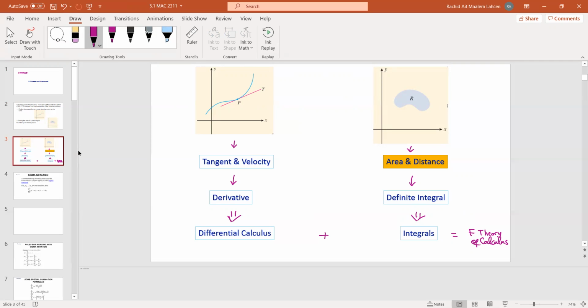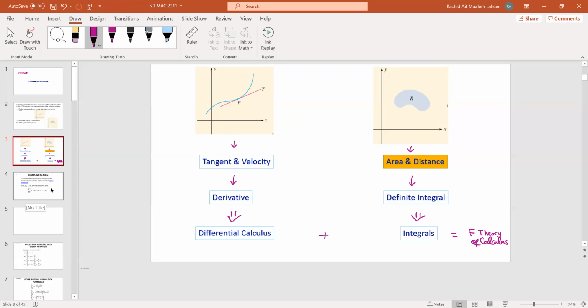But before we continue, we have to talk about these area and distance problems because they're going to help us with understanding what integrals do, right? Just like how the tangent and velocity problems helped us understand the transition to a derivative. And that's it. You'll have the entire story, and you should be able to tell others about it, right?